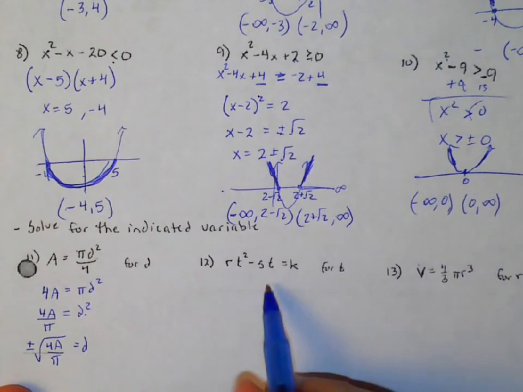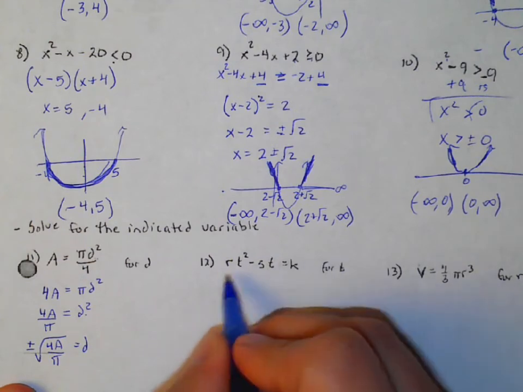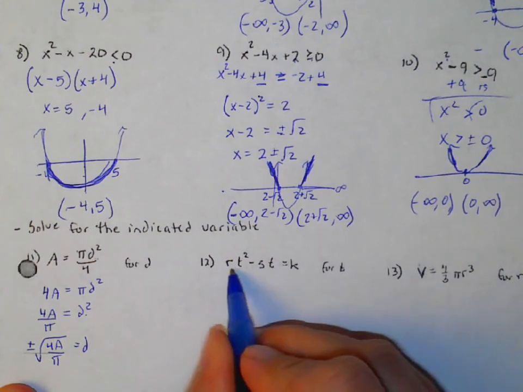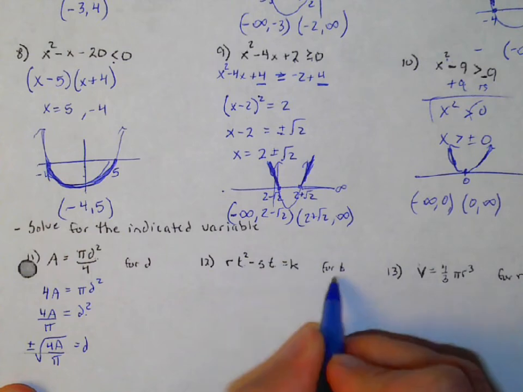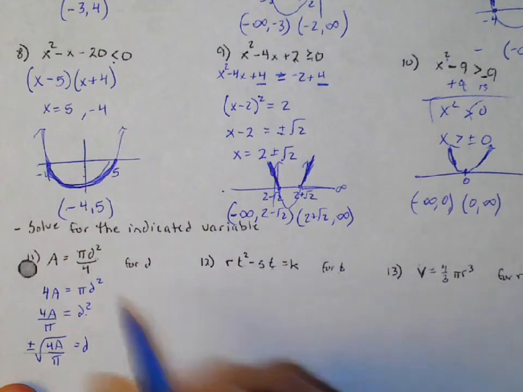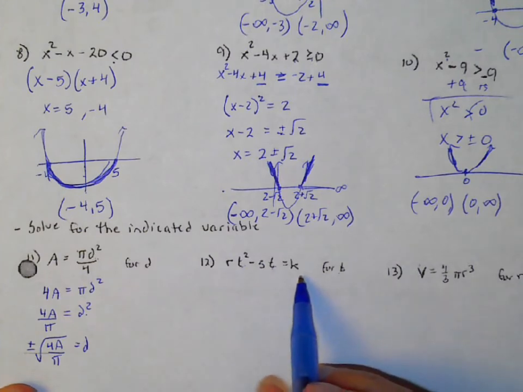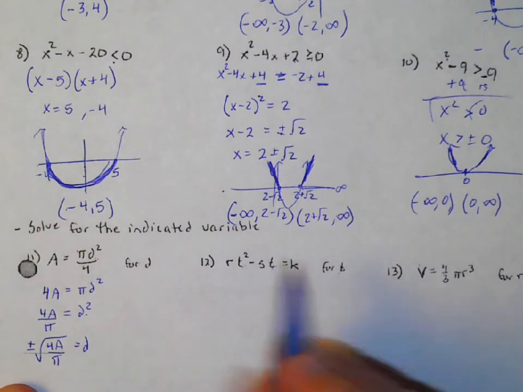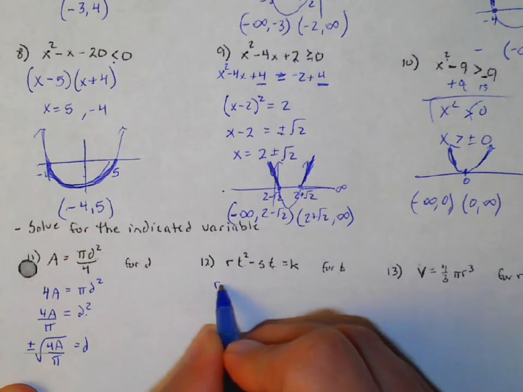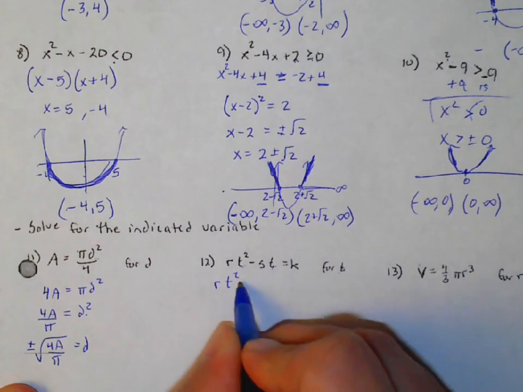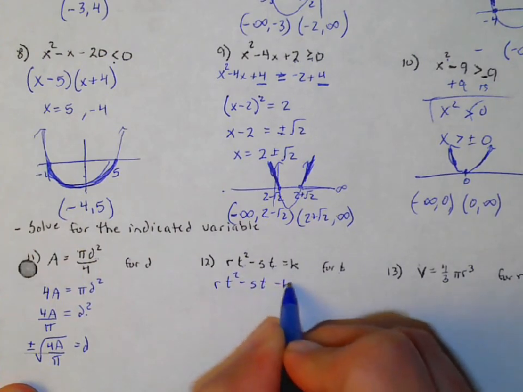This one's a little more complicated. Notice we can't do that because we're solving for the t, so we got t here and we got t here, right? We could only do this with the square root method. So here you're going to have to use either the quadratic formula or completing the square. I'm going to use the quadratic formula. So we got some number t squared minus some number t minus your k equal to 0.